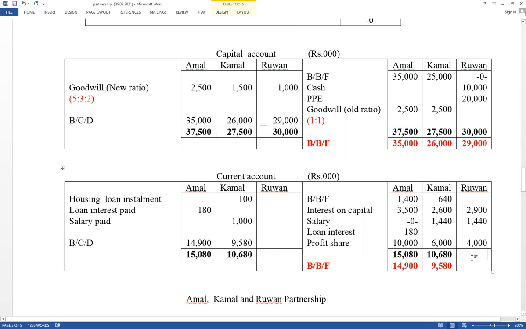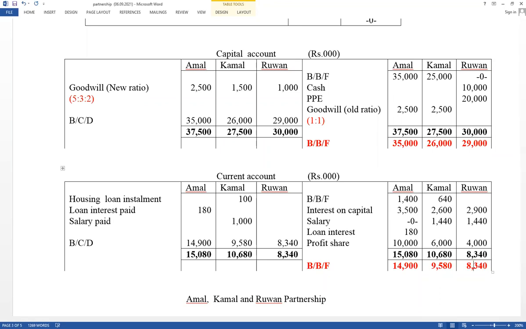And the third partner also same way. Take the credit side total amounts and take that value debit side also. Therefore, 8,340. Take that value debit side. Difference value as a balance carried down. Same value as a balance carried down also, 8,340.